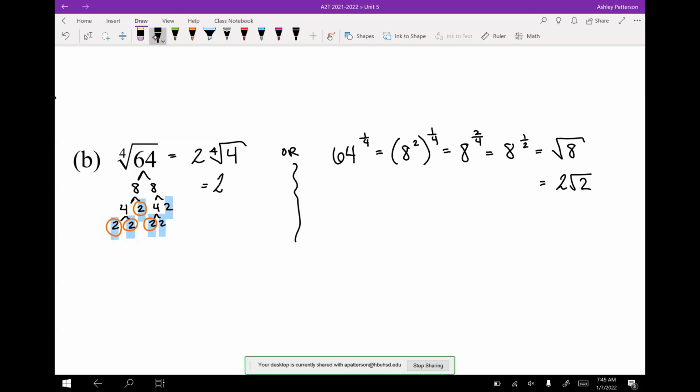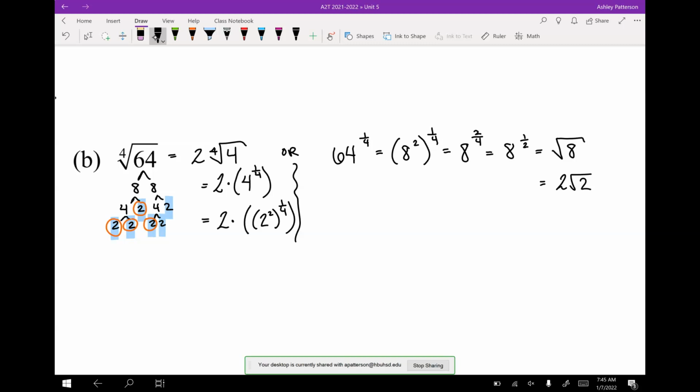We have a 2 on the outside, and then we have 4 to the 1/4 power. Can we rewrite 4 as a base raised to an exponent? 2 squared. So we still have that 2 on the outside. Now we have 2 squared raised to the 1/4 power.